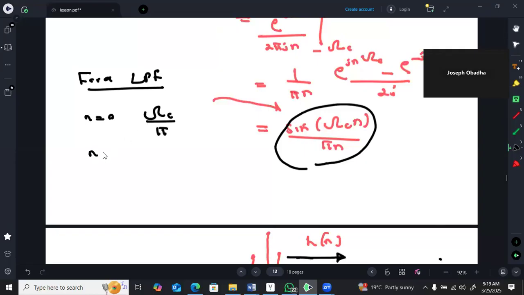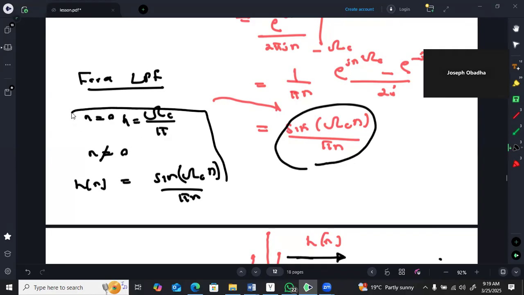For any other value of n, we have h(n) equal to sin(omega_c n) over pi n. So these are even available in the books. We can always use them for the design.